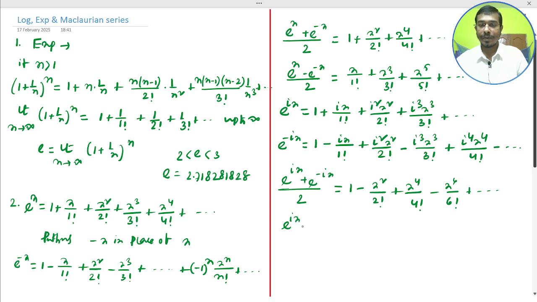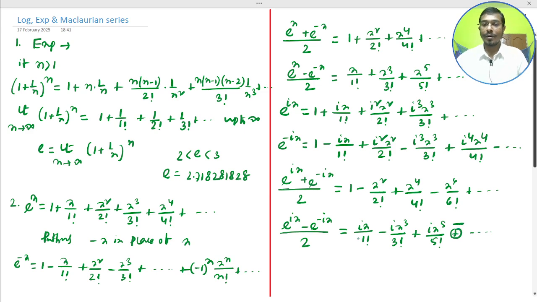Next, e to the power ix minus e to the power minus ix divided by 2 would become ix by 1 factorial minus ix cube divided by 3 factorial plus ix to the power 5 divided by 5 factorial plus dot dot dot, as it is. Sorry, it would become minus, because plus minus as it is.